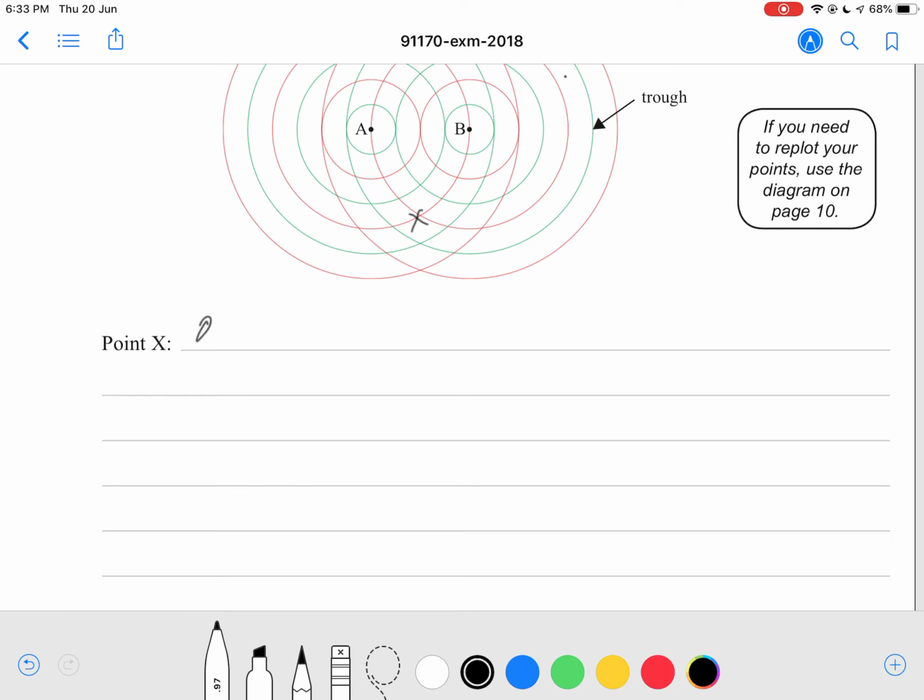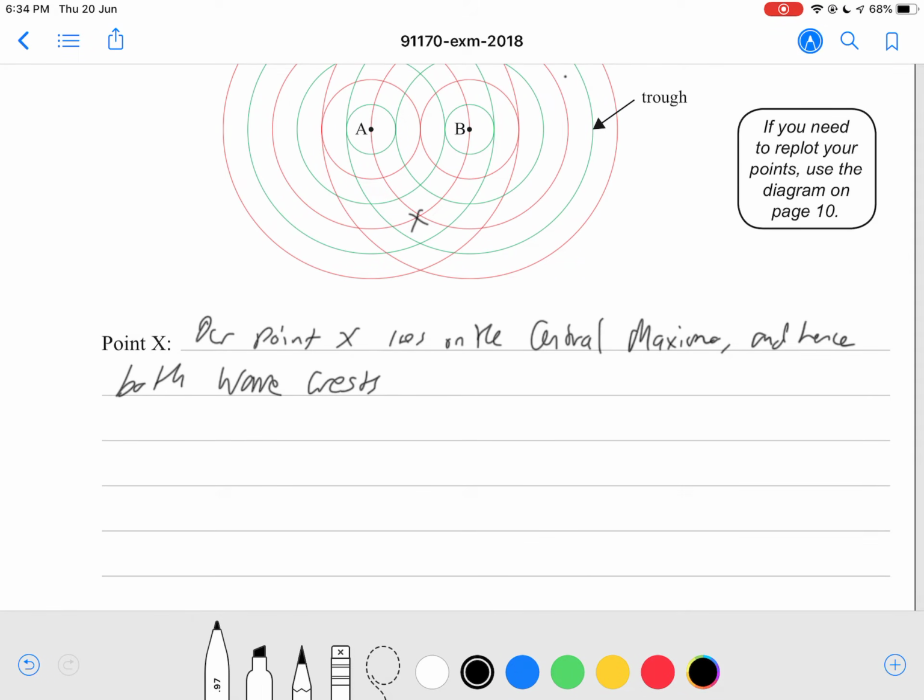Okay, simply we'll say our point X lies on the central maxima, and hence both wave crests overlap and cause constructive interference.